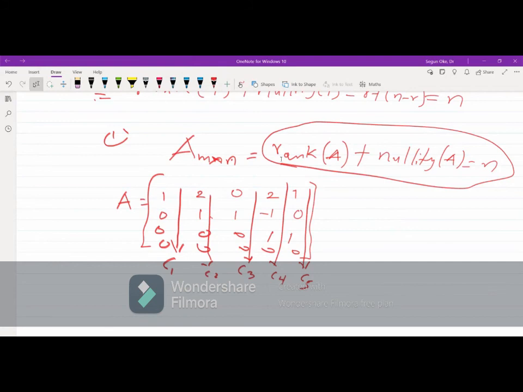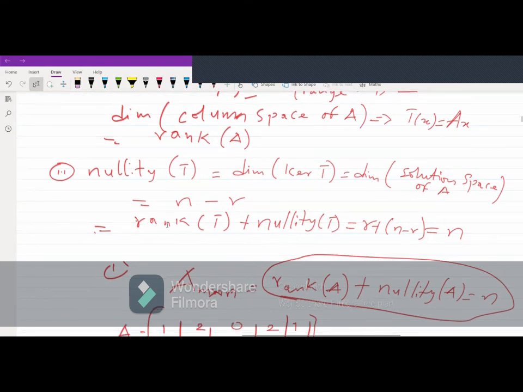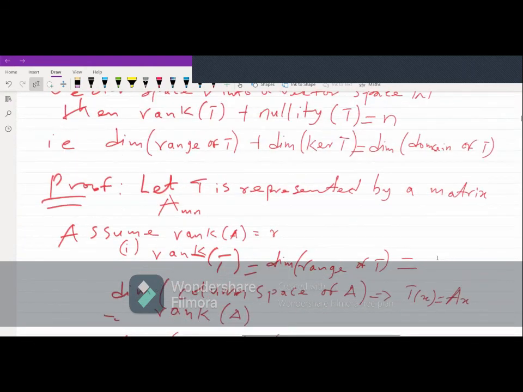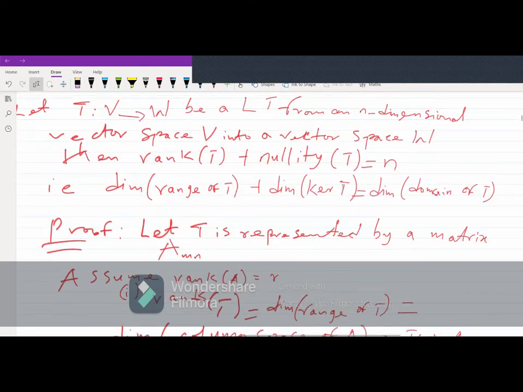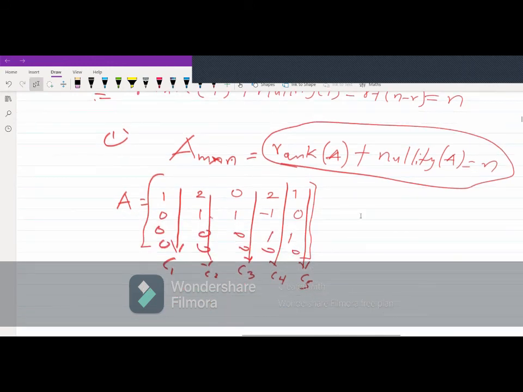No. Let's go back to the definition. They said rank of T plus nullity of T equals n. We are not talking about the number in the matrix. What is n from the proof here? We are talking about nullity, and the definition is the dimension of the domain of T. Don't forget, dimension of the domain of T. So what is the dimension of this matrix?